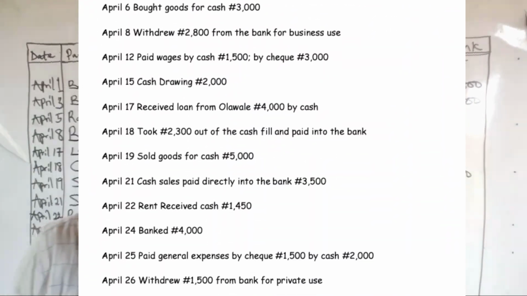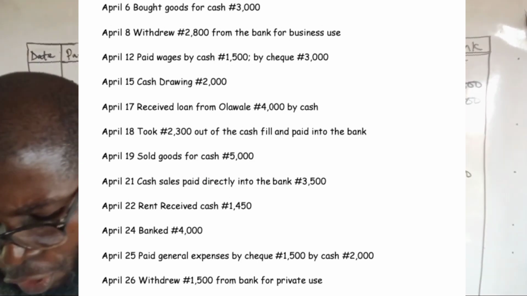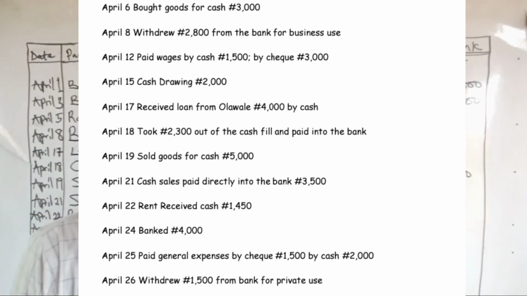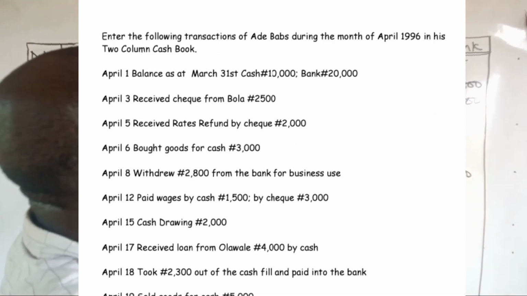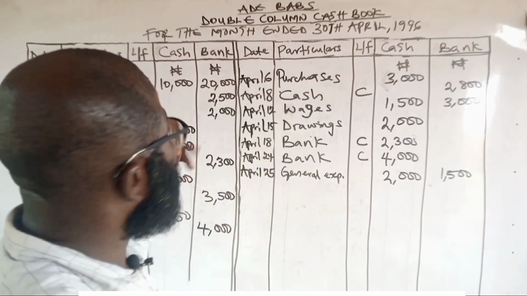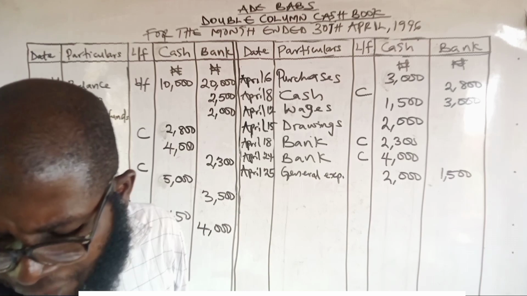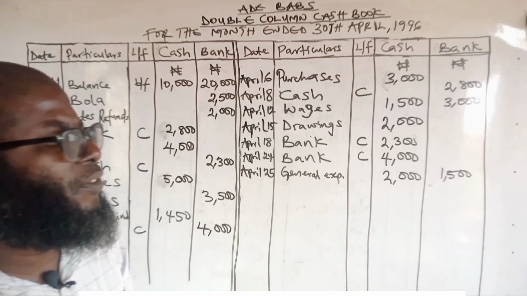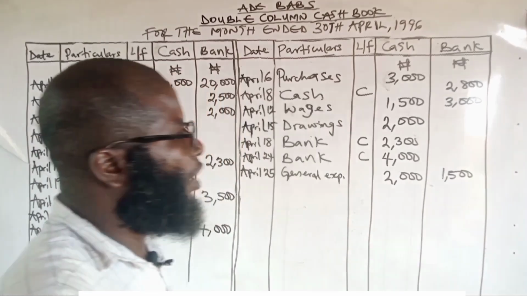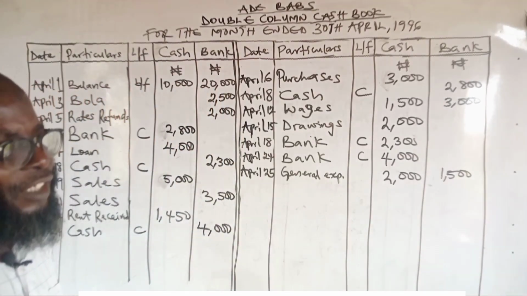Now, April 26, we drew 1,500 from bank for private use, meaning that I, as Adebabs, withdrew 1,500 naira from my bank account for private use. This one is not a contra entry. Look at it very well.